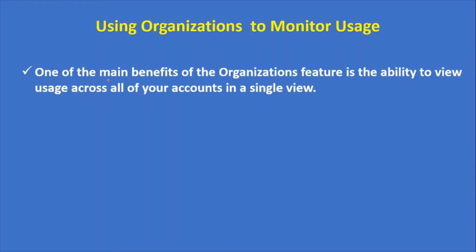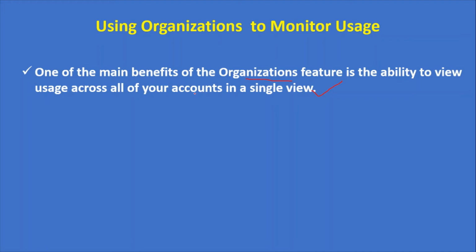Using the organizations to monitor usage. One of the main benefits of the organization's feature is the ability to view usage across all of your accounts in a single view. Assume that you have 10 accounts, created in different regions on different cloud providers.